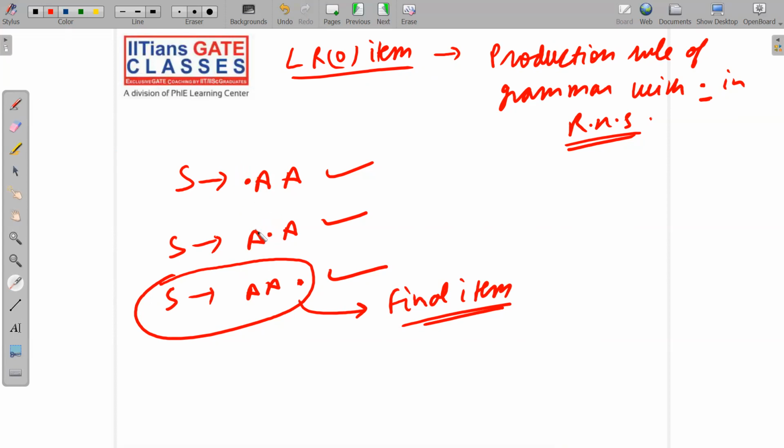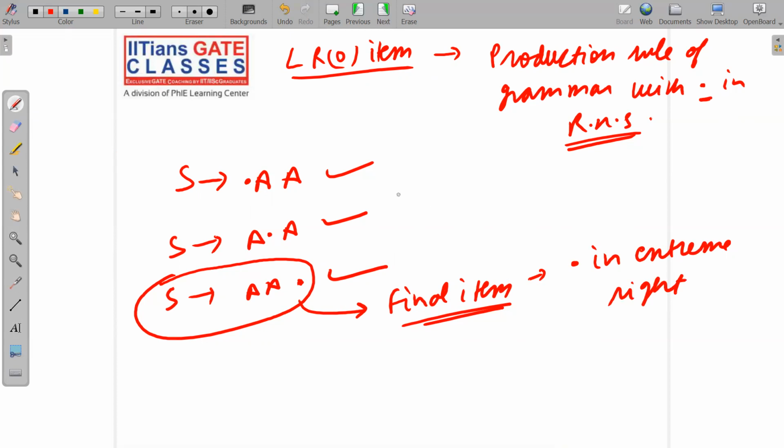If the dot is in the middle, that means this A has been read, but this A has not been read. If the dot is in the extreme right, that means both A have been read. If both A have been read by the parser, then obviously it can be reduced to S now. So this is known as a final item. When the dot is in the extreme right, it is known as a final item.